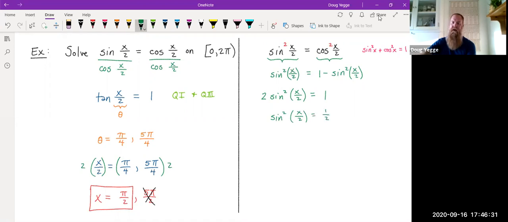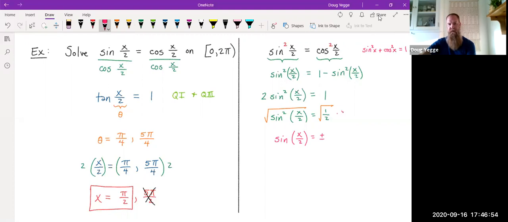But I'm still not ready until I take the square root of both sides. And when I take the square root of both sides, that's going to give me my result of sine of x over 2 equals plus or minus the square root of 1/2.